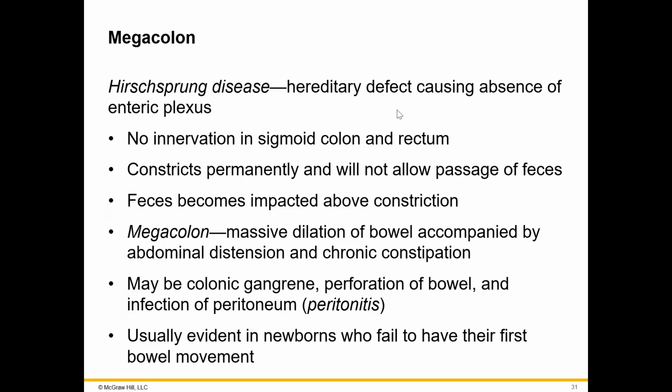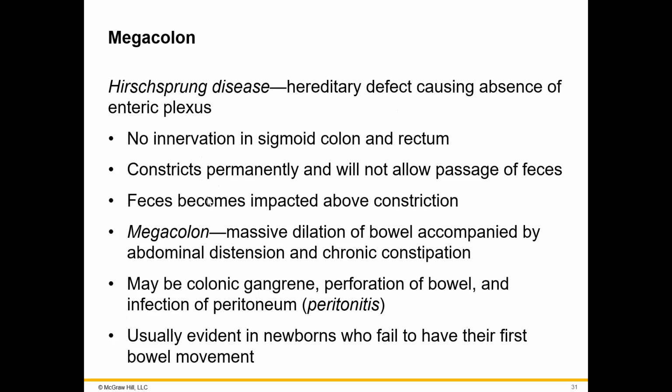Hirschsprung disease is a hereditary defect causing the congenital absence of the enteric plexus. No innervation in the sigmoid colon and the rectum. So it causes premature permanent constriction and will not allow the passage of the feces.